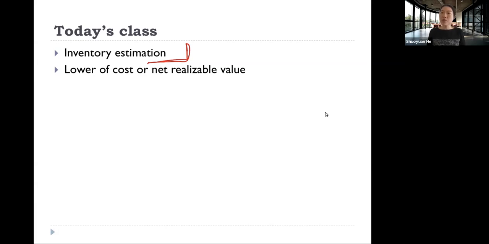However, the inventory number we report on the firm's balance sheet is not just the cost of the inventory. We need to take the lower of cost or net realizable value. We're going to talk about it in a minute. So first, let's look at inventory estimation.